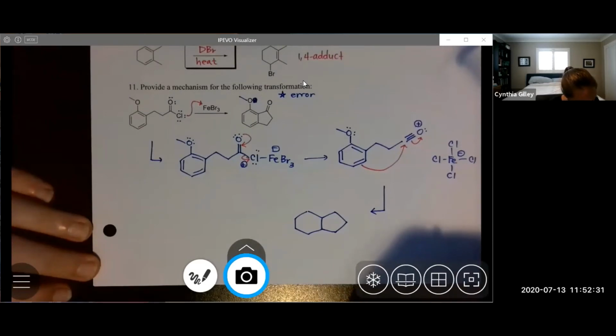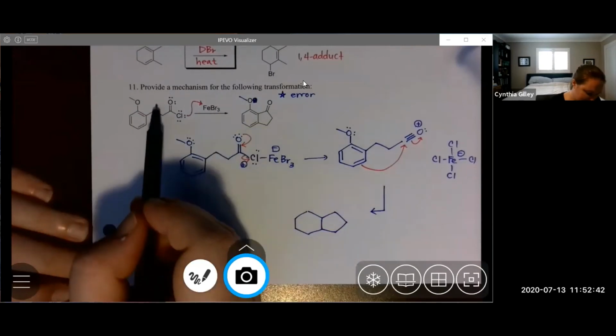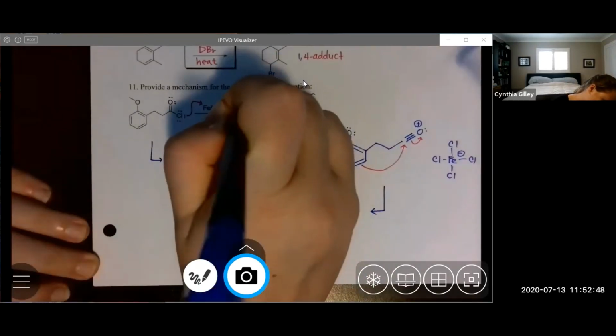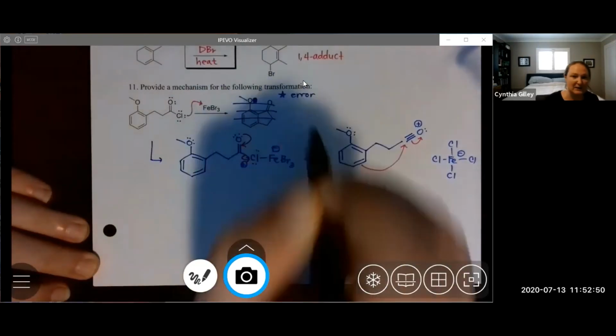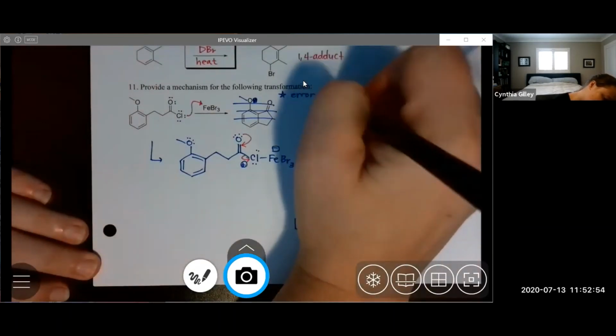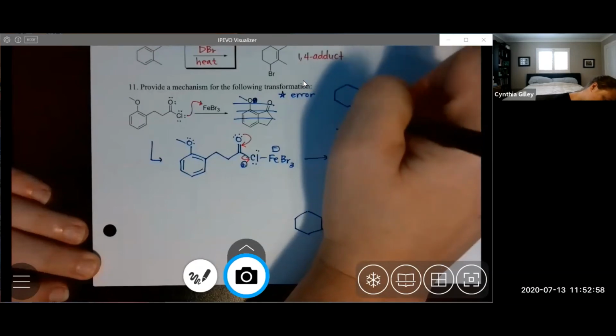What did he do? Holy crazy. Product here is wrong. Look, he has the carbonyl up here. Erase that one entirely. Change it to this.